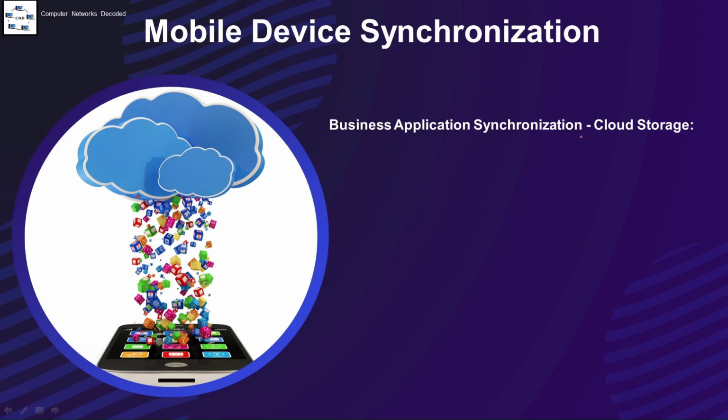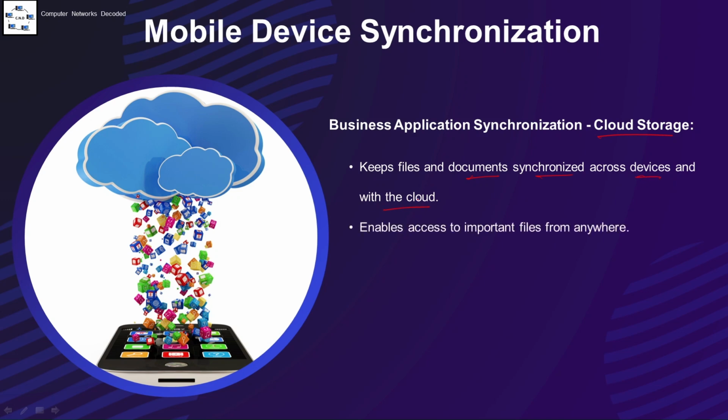Next is the business application synchronization, that is cloud storage. So this feature keeps files and documents synchronized across devices and with the cloud. So it enables access to important files from anywhere. So you are not bound to a single device.